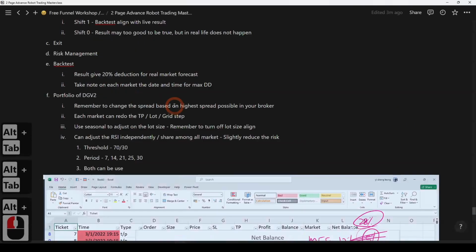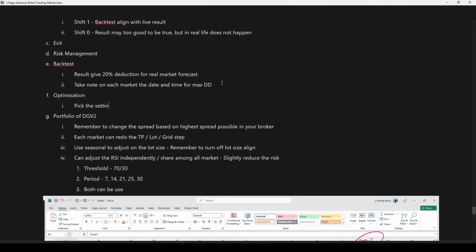Optimizations: pick the setting that has the highest balance over on-tester drawdown, aka drawdown from initial balance.